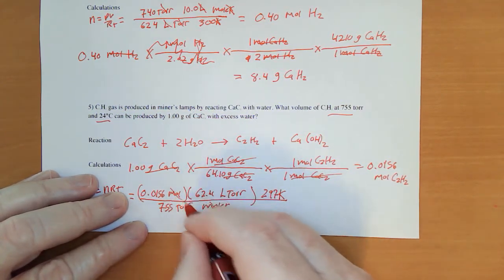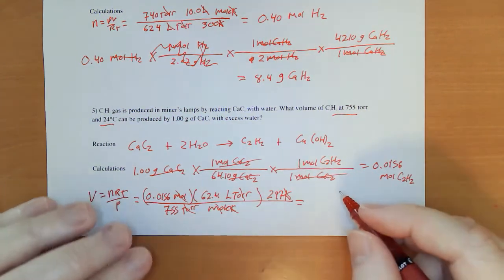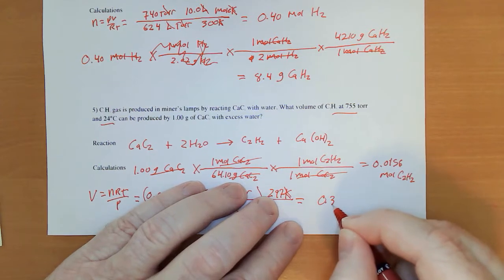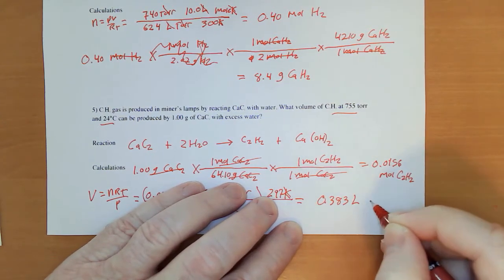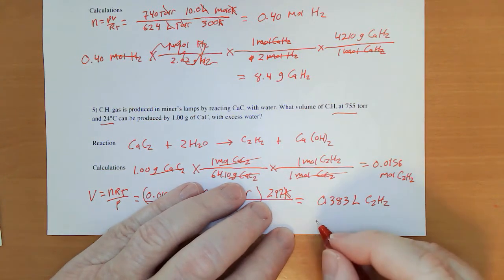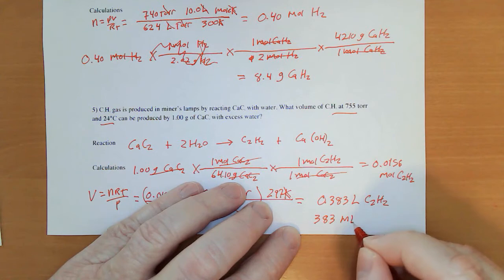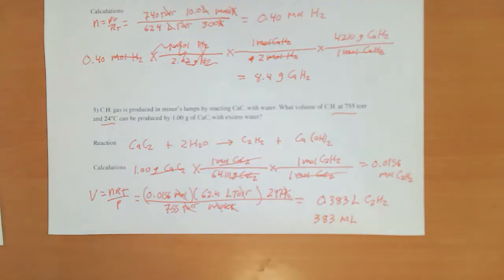Okay, moles, torr, Kelvin. And that's going to leave me with 0.383 liters. And when a number is that small in terms of gases, I'd probably say 383 milliliters.